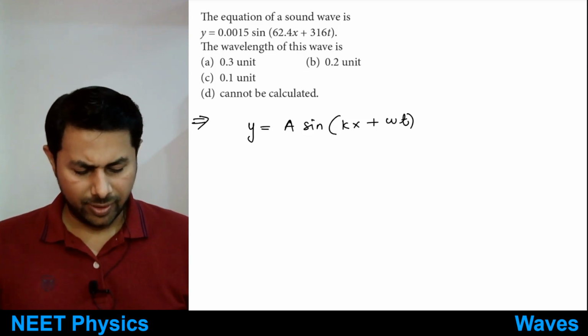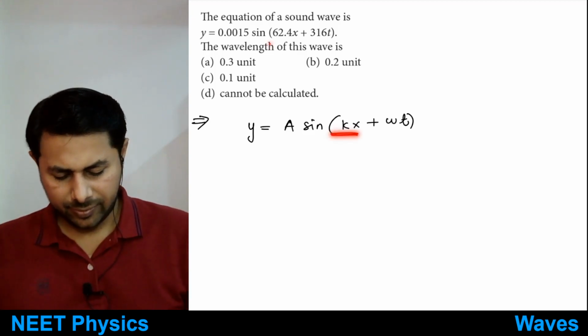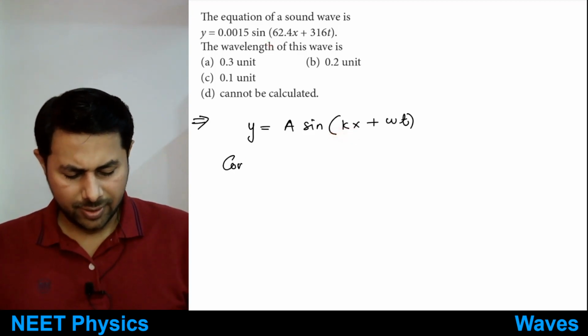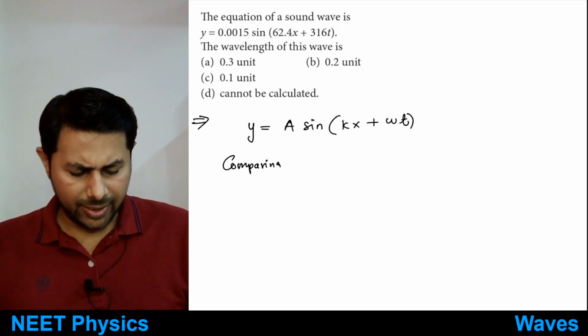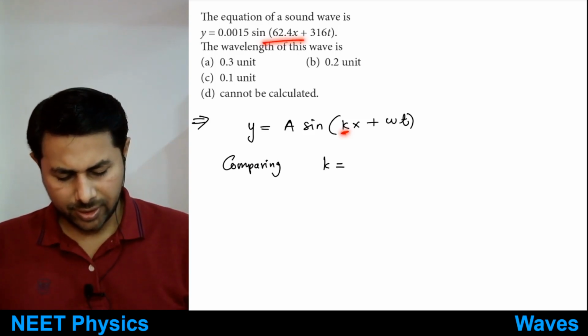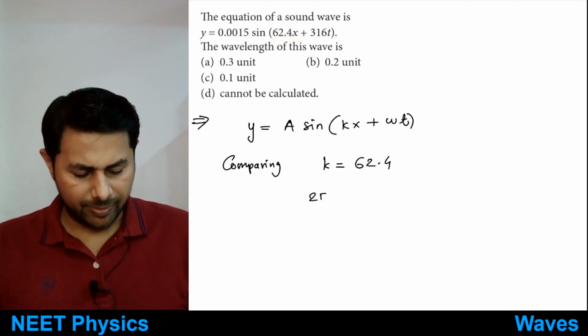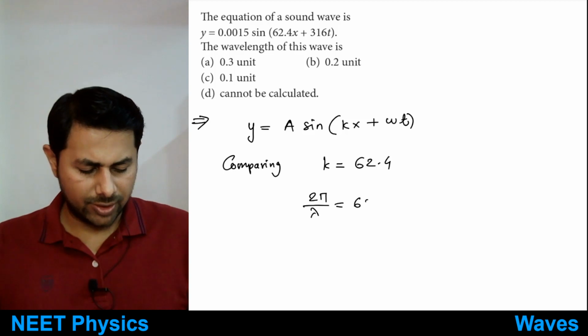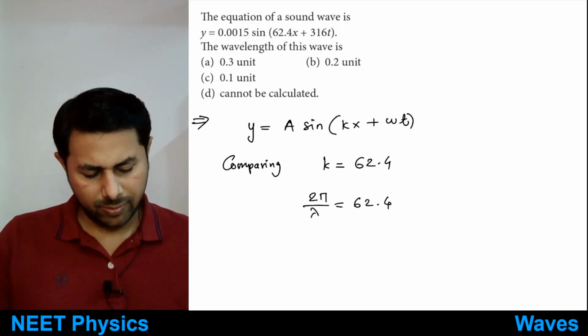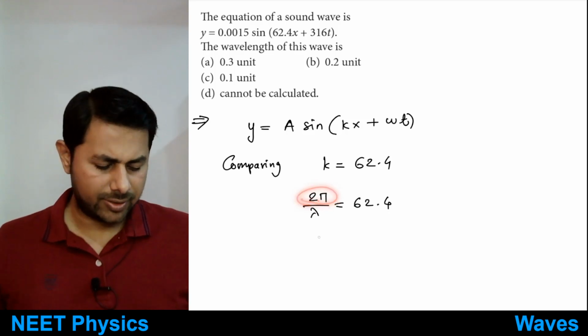Okay, good. Comparing, you get k equal to 62.4, that is 2 pi by lambda is equal to 62.4, right? You can write pi equal to 3.14.